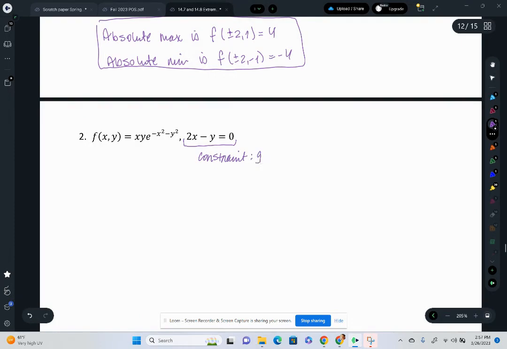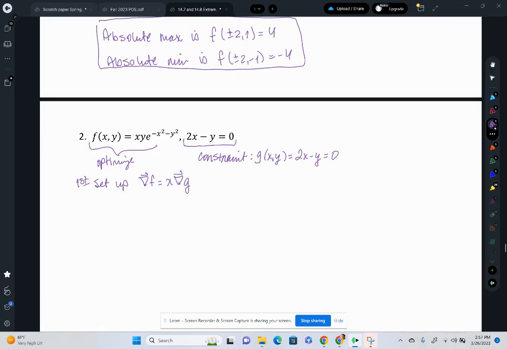So the constraint is g of x y is equal to 2x minus y equals 0. Okay? And we're going to optimize f of x y. Okay, so first we want to set everything up. So we're going to set up the gradient of f is equal to lambda times the gradient of g.